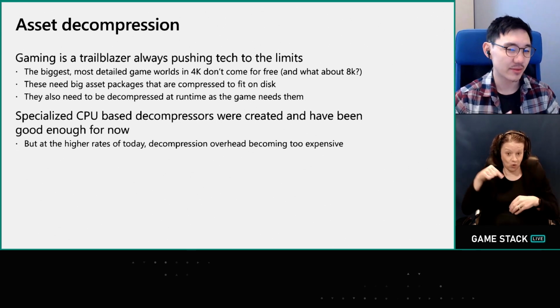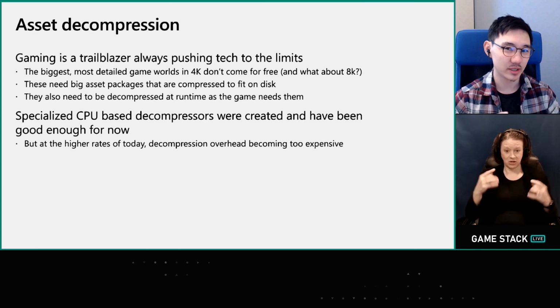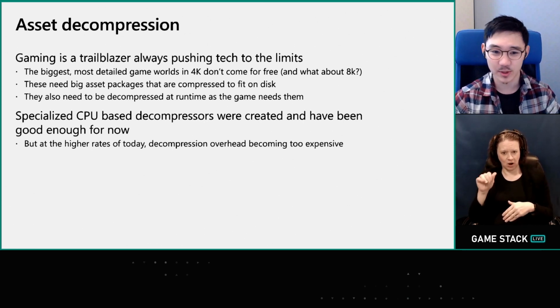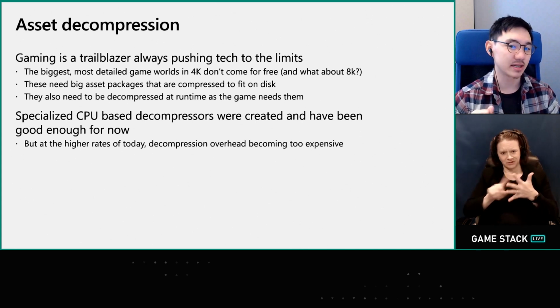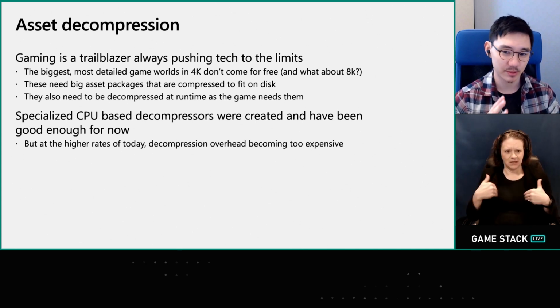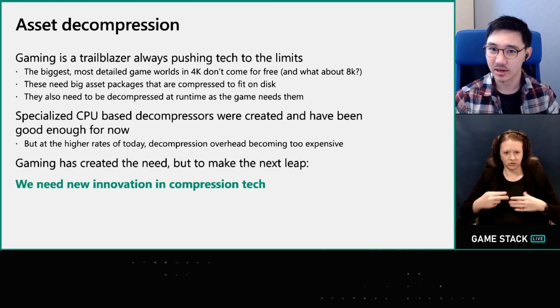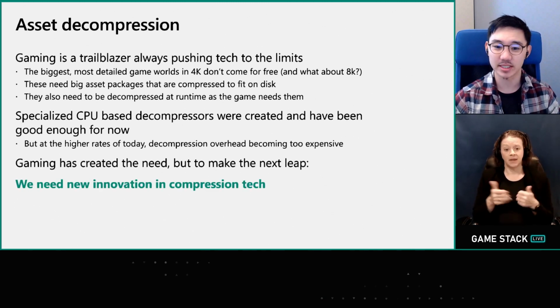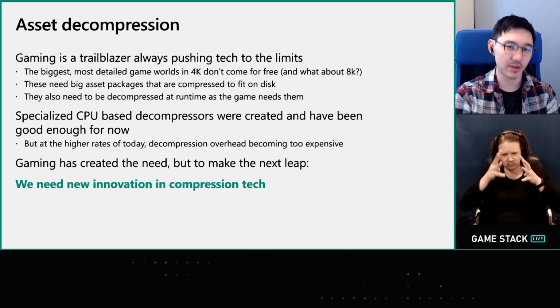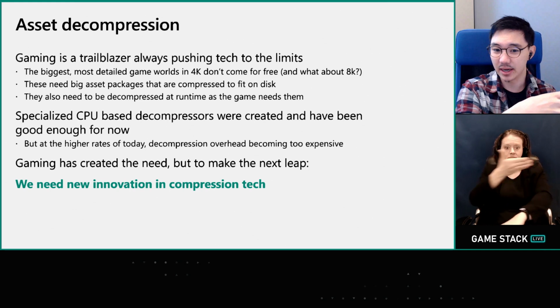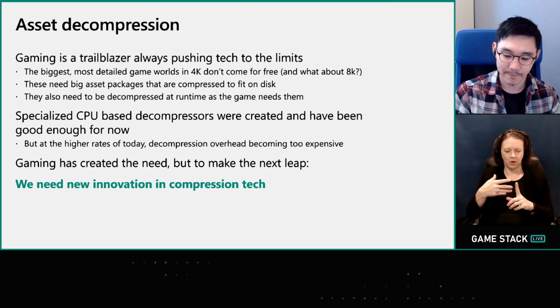But at the very high rates of today of NVMe drives and just the system overall, like PCI Express, decompression overhead is getting really, really expensive to maximize the potential of that hardware. And so gaming has created the need for us to innovate in that space, but we really do need to make another leap. And so we need new innovation in specifically compression, decompression technologies.